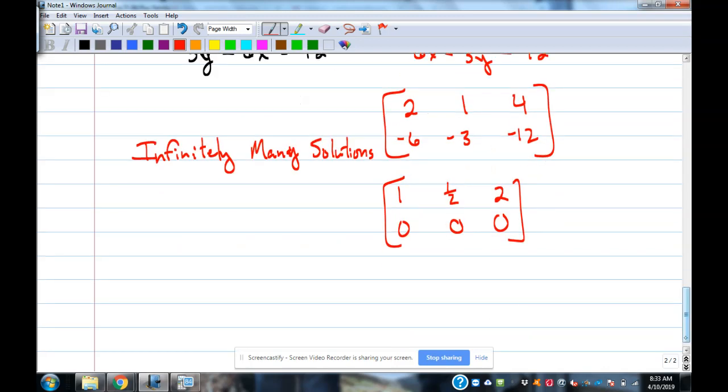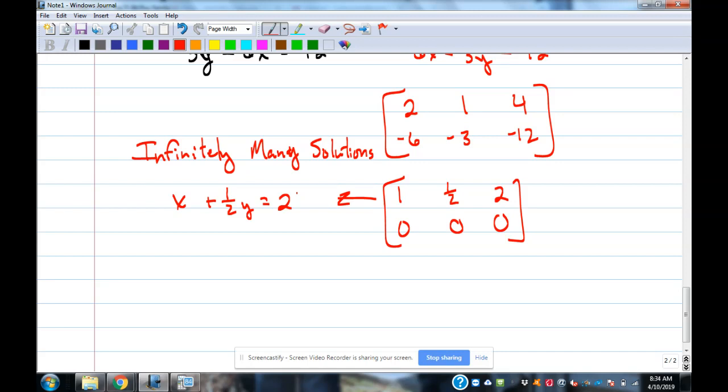The kind that they are built off of this equation. All right, so that top row can be pulled back out as an equation.